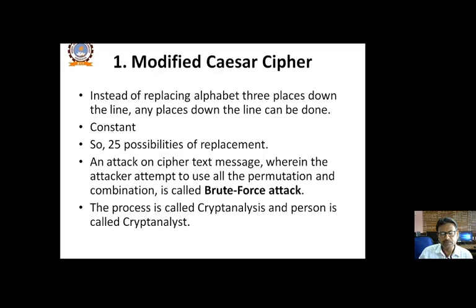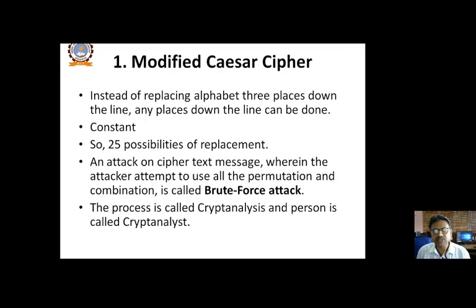So you can go one place down the line, two places, three places, four places down the line. A can be replaced by Z, A can be replaced by W, A can be replaced by V, A can be replaced by L. But however many places you go down the line, it is applicable to all the characters or alphabets available in the plain text.